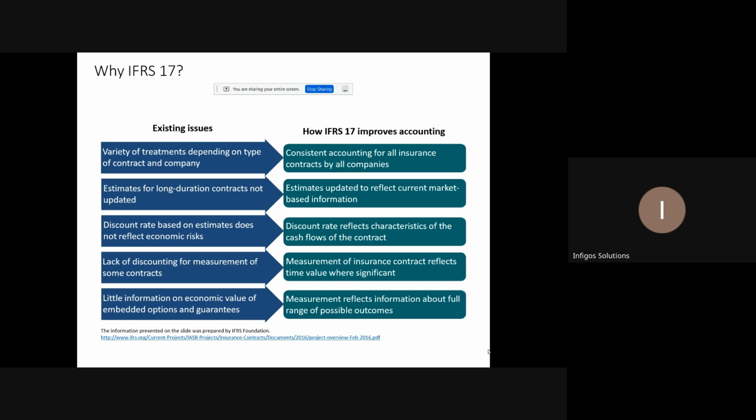The measurement of contracts will reflect the time value when significant. Measurement will be based on current data, which means you will know what is the exact profit and what is actually a loss. There won't be confusion based on the balance sheet and profit and loss. Any questions?